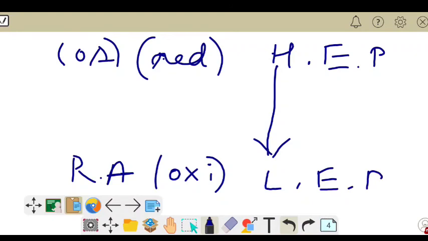Is it clear? Every term I have explained, how it is related to each other, because an oxidizing agent is getting reduced, and whenever an element is getting reduced, that is related to electrode potential. Reduction potential is equivalent to electrode potential. So the elements at the top have the highest electrode potential, while the elements at the bottom will have the lowest electrode potential. Is it clear?